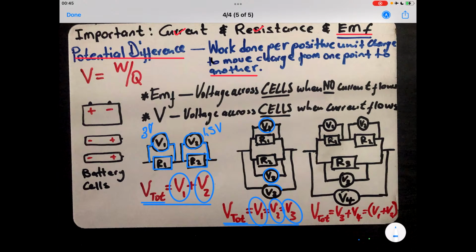So this is a special situation where in a parallel connection, we know that the V connected across that is the same as the V connected across that, which is the same as that V there. I'm telling you guys, it is as easy as that.